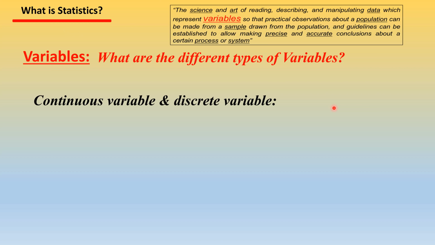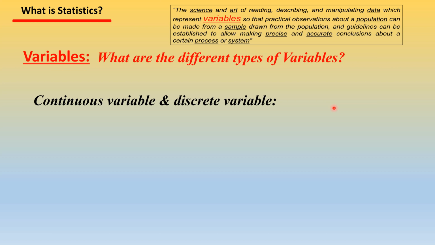We can also divide variability or variables in terms of continuous variables or discrete variables. As you will see in the book, a continuous variable is not necessarily an integer. If you say 20, 20 and a half, 20.6, 21, 21.5, 30, we call this a continuous variable.